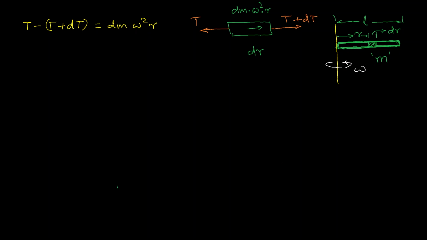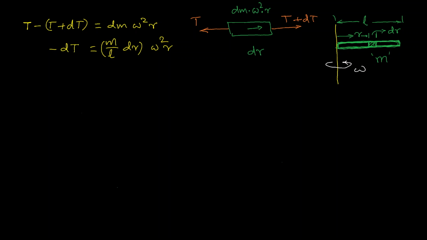But this dm can be written in terms of the full mass m and the length L, so it is m over L times dr. This is dm times omega square times r, and this side it will become minus dT.